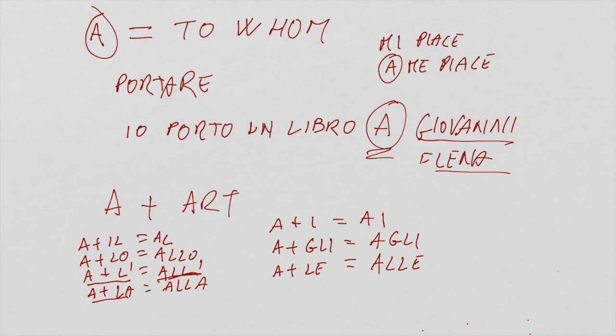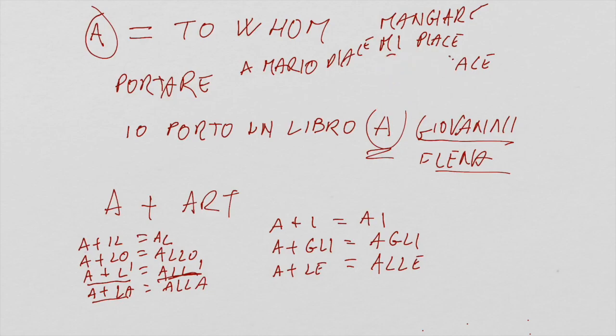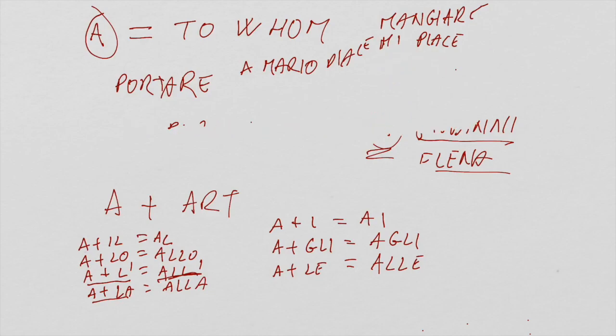And in fact, you see that we use that preposition when we say a Mario piace mangiare. Mario likes eating. A Mario piace mangiare. So the same preposition is used in Italian with the verb piacere.